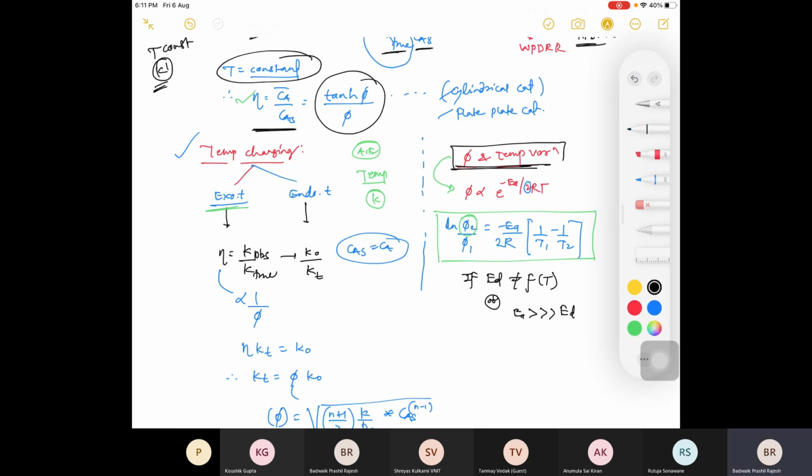And here there is a change in K because of the change in temperature. Everyone knows that in an exothermic reaction there is evolution, generation of heat. If there is generation of heat, the temperature of my system will increase.